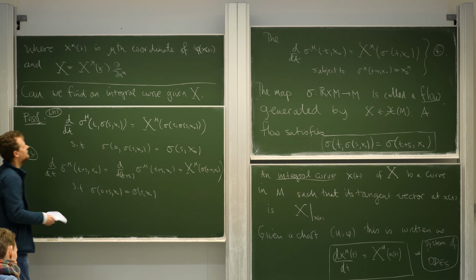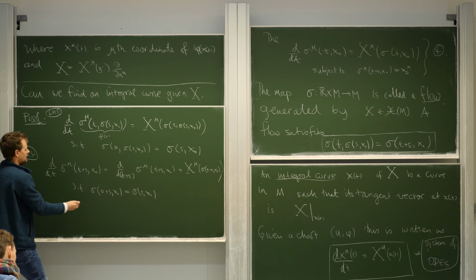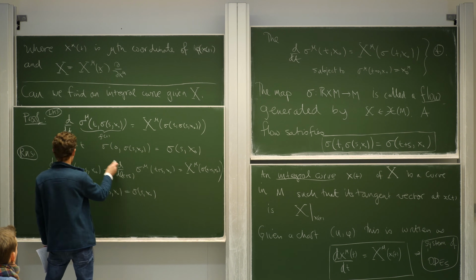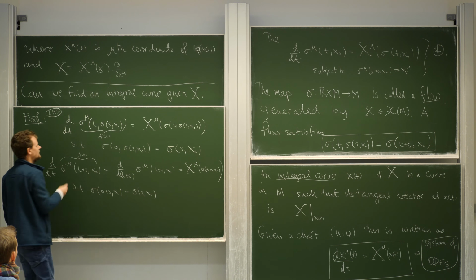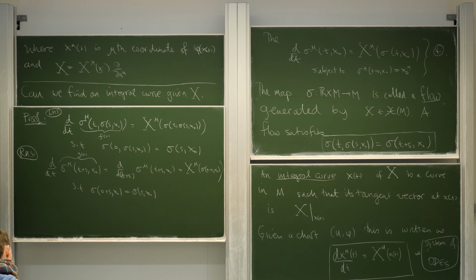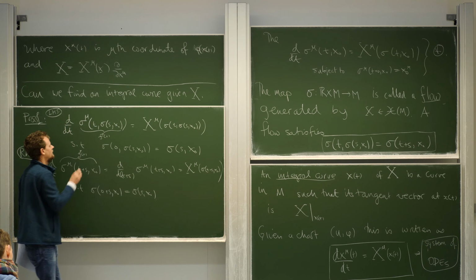So if we call this thing here little f of t, and we call this thing here little g of t, these are potentially different functions from R cross M to M. I'll put the mu in here so it's clear that they're really a vector.